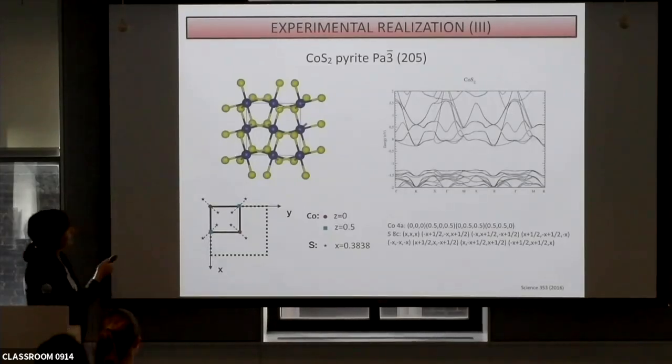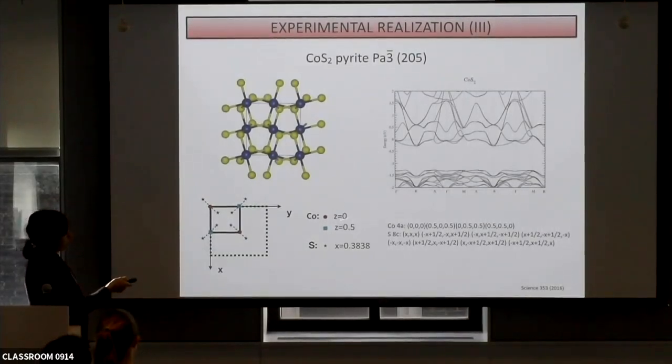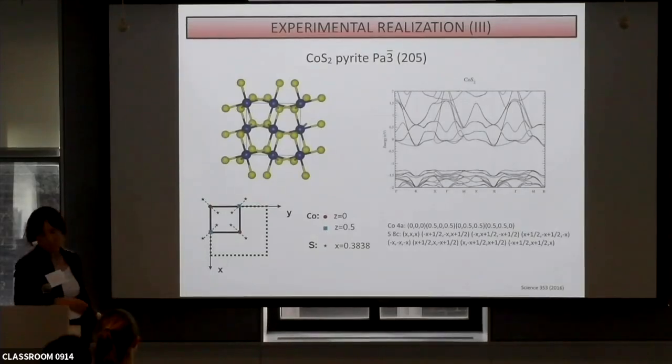This is the crystal structure of our compound. This is the unit cell from the XY plane. The cobalt atoms are at the corners, and the sulfur atoms are attached to the cobalts by a non-local parameter x. So this is what is reproduced for z equals 0 and z equals 1.5.